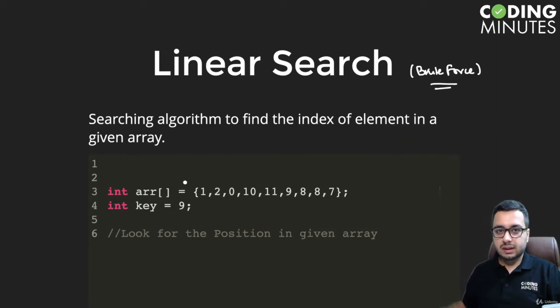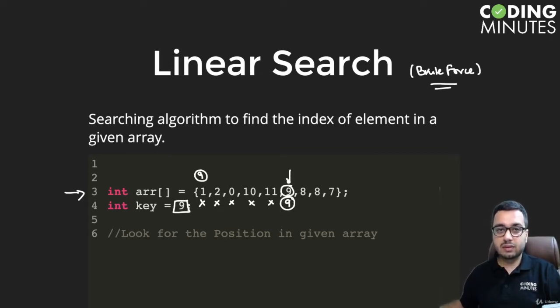So let us look at it in the context of an integer array. For example, we are given this array which contains some number of elements, and we want to search for a particular key, that is 9. We go to this index and check, does it match 9? No, it doesn't. We go to the next. Does it match 9? No. We go to the next, and next, and finally we come to this place.